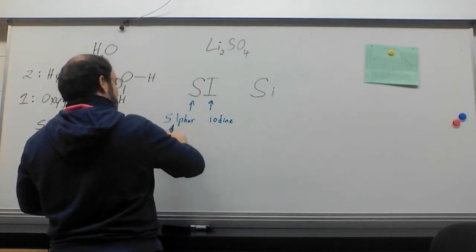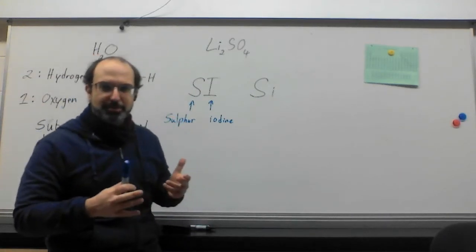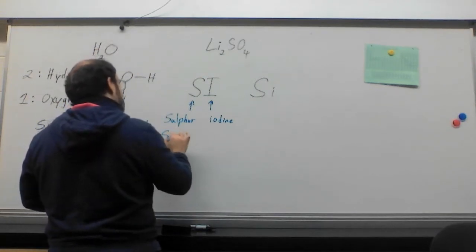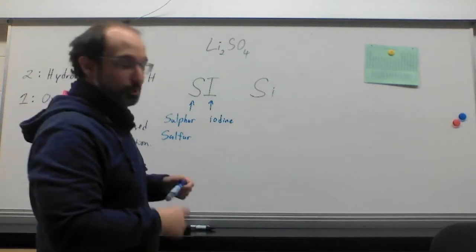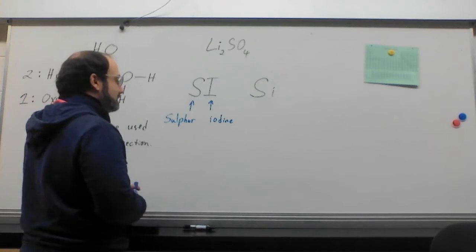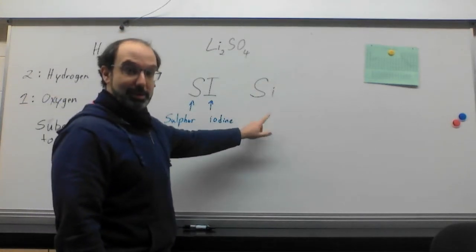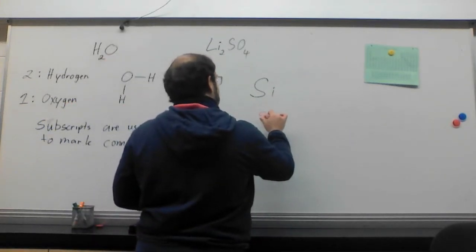Small aside here, right? I've spelled sulfur with a PH. That's the standard Canadian or British spelling. If you want to do it with the standard American spelling and go with an F, that is fine by me. Either one works. People will know what you're talking about. I'm going to stick with the PH, though, because I live in Canada. Anyway, these are two separate elements, but this one is not. This one here is silicon.